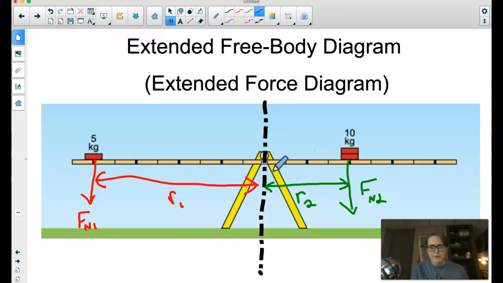Now the last two forces I'm going to label aren't ones that came up during the simulation. So the first one is the weight of the board itself, or the force of gravity on the board. Now an assumption I'm going to make, and something that's pretty safe with a lot of things that have these nice even shapes, is that the mass is pretty evenly distributed.